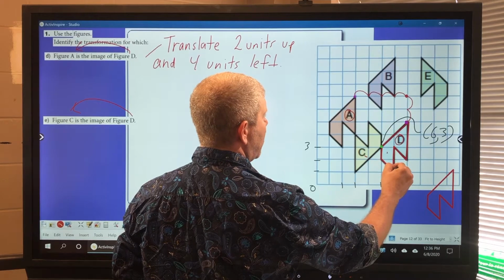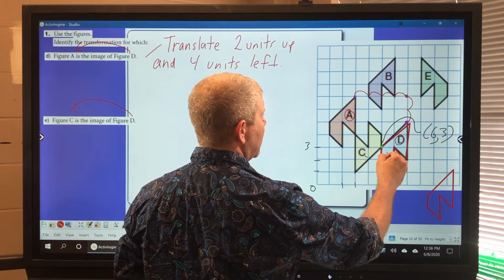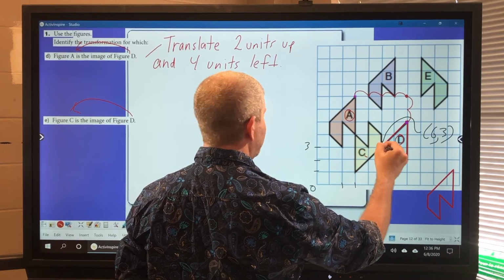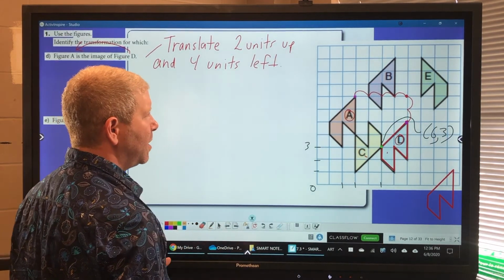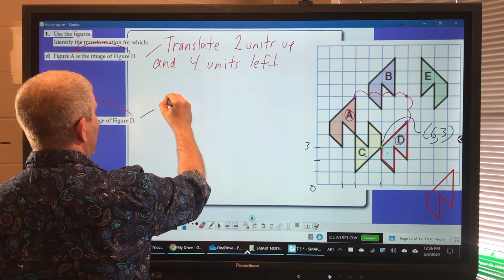If I go to the left, that's 180 degrees. If I go to the right, it's also 180 degrees. So it's a 180-degree turn, or a half turn, about (6, 3). So this is going to be a rotation.